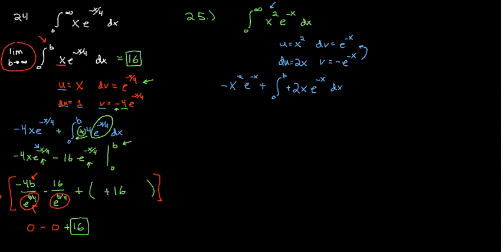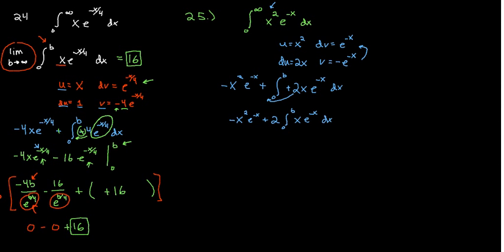Alright. I'm going to rewrite this step one more time. I'm going to pull the 2 out also. So we have negative x squared e to the negative x plus 2 times the integral from 0 to b of x e to the negative x dx.